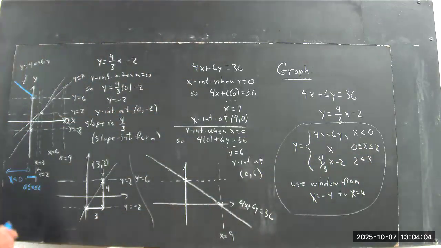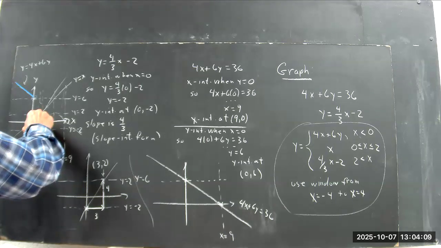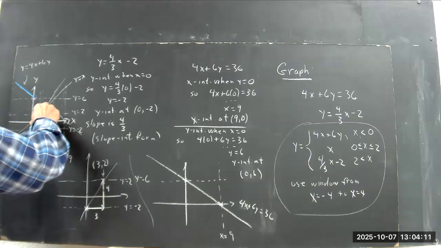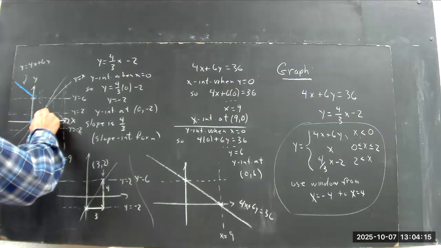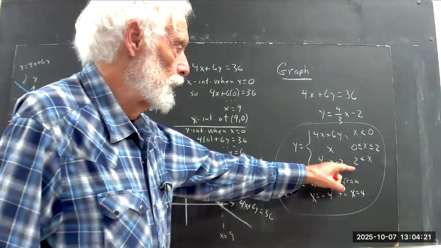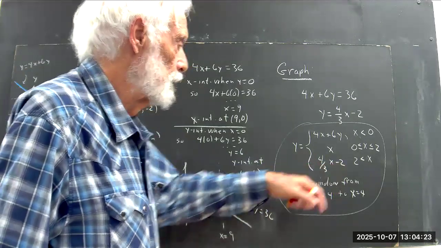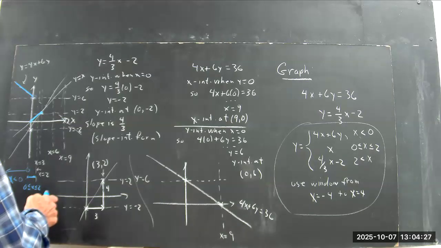There's the interval. And the curve will follow the y equals x line from here to here. And this point will be included. And this point will be included. Then it follows the line 4/3 x minus 2. Y equals 4/3 x minus 2.